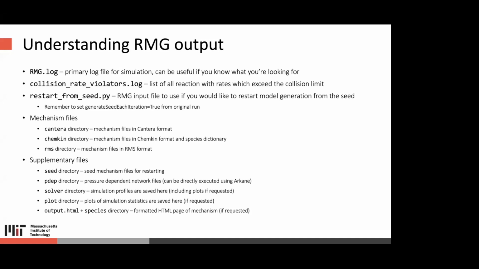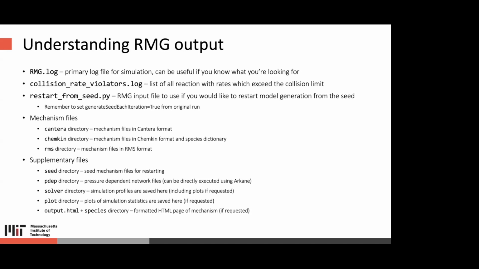Yeah, that's a good question. I think the RMG run will still keep running. But does it take the higher rate or the collision rate? Do you have any experience?